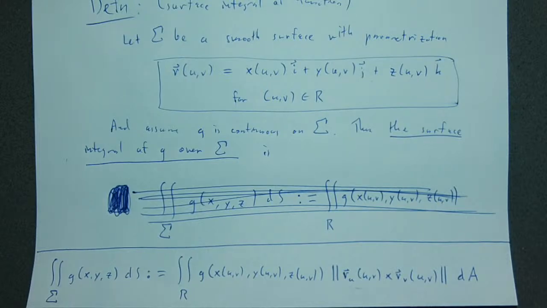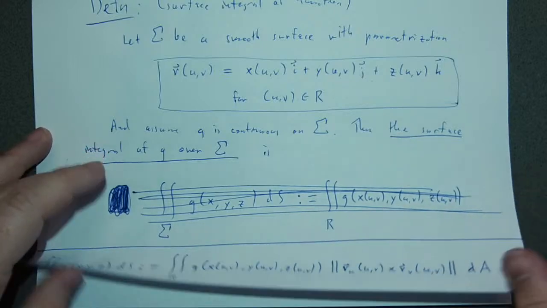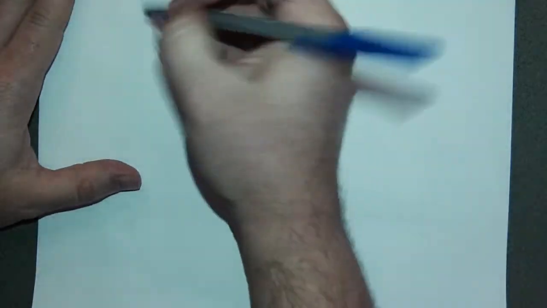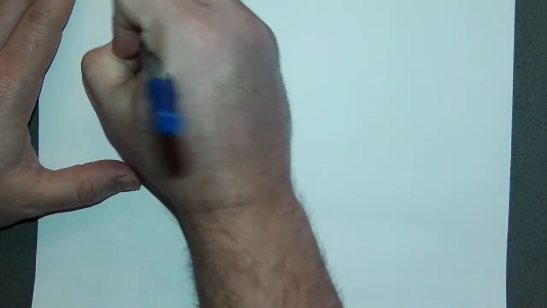All right, before we go on and compute any example here, let me do the same thing that I did for line integrals. You might have the same exact question that you had when we encountered line integrals for the first time, which is what is a surface integral computing?